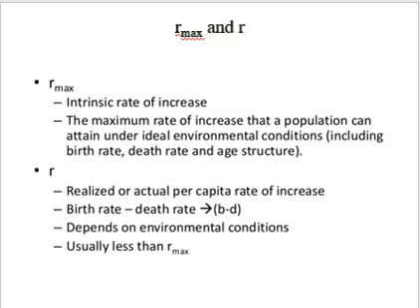Now, at any specific time, the instantaneous growth rate, little r, so we're talking about this guy now, will tell you what that population is doing at that moment in time. And again, r is usually less than that R max value because your environmental conditions are rarely optimal.